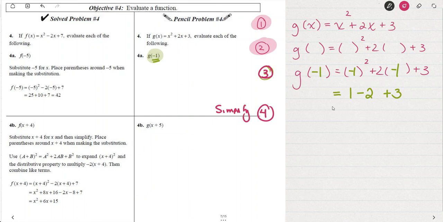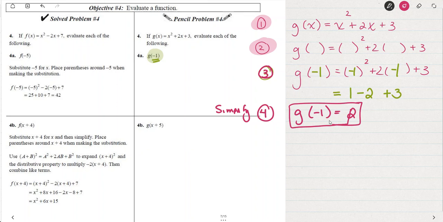So when I simplify this, I'd get 4 minus 2 or 2. And that's the final answer. Let's try another one.